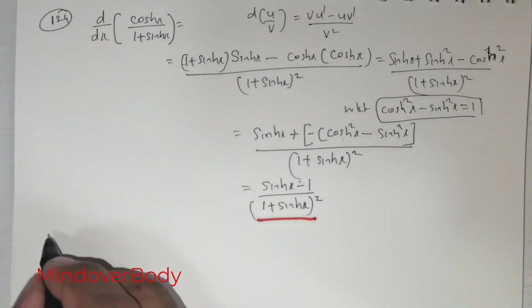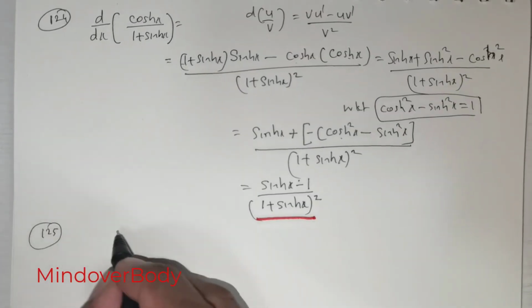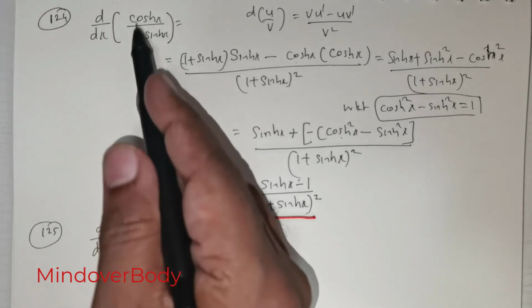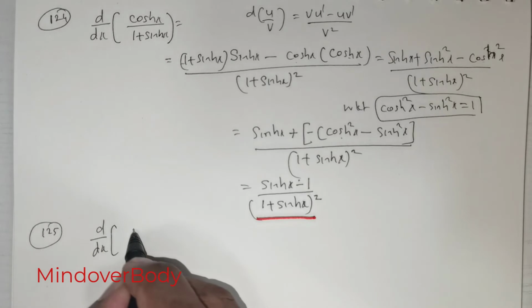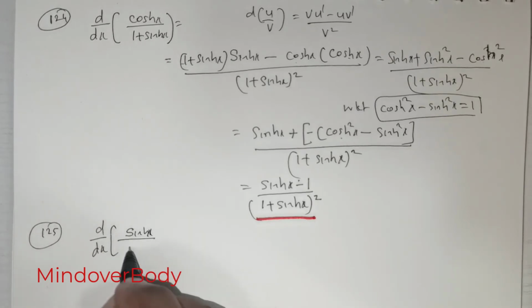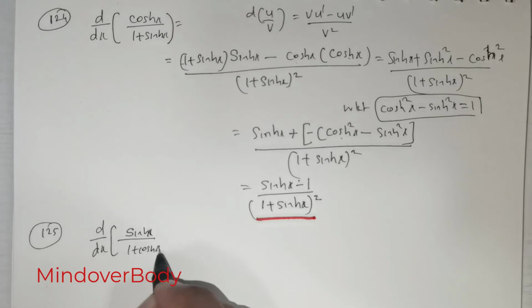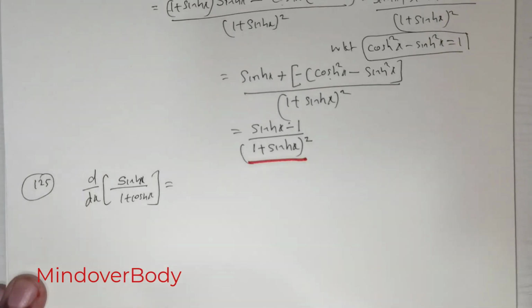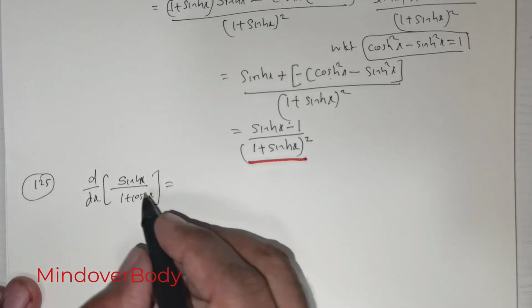Now question number 125. Just in case this question is reversed, instead of cosh x over 1 plus sinh x, if you have sinh x over 1 plus cosh x, then the solution would be totally different. So I'm going to apply the u over v formula.